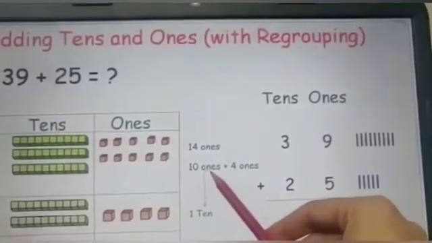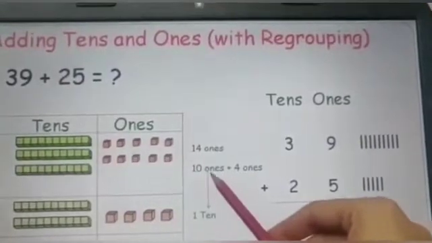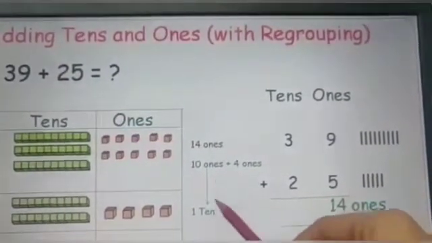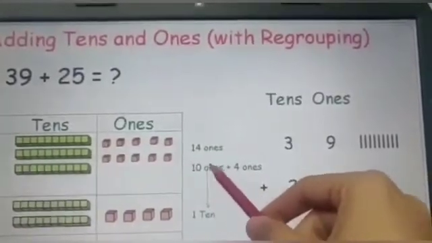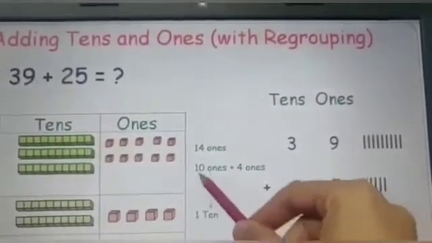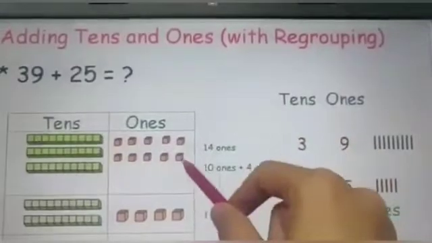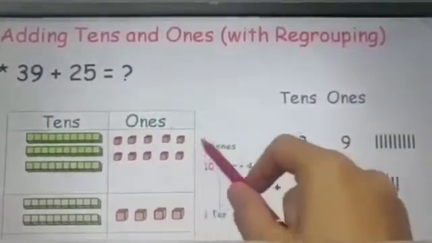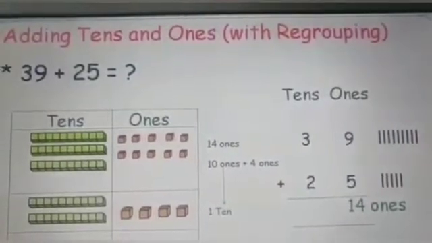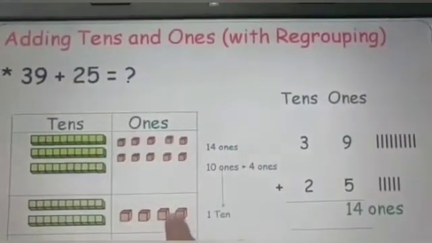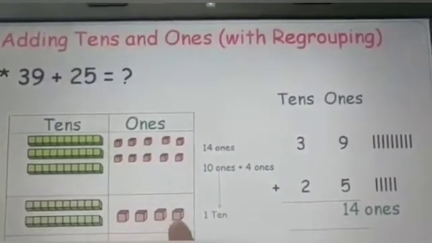And in the previous session we discussed that 10 ones is equal to 1 ten. So I can collect 10 ones to make it 1 ten. In the same way I am doing here. I am collecting 10 ones blocks to make 1 ten block. And leftover, how many blocks are here? 1, 2, 3, 4.